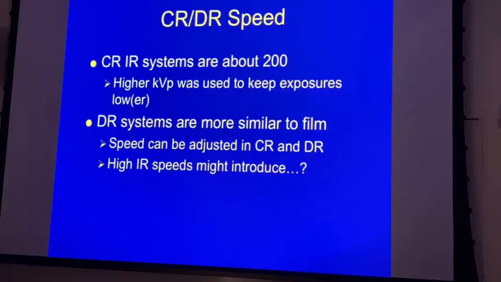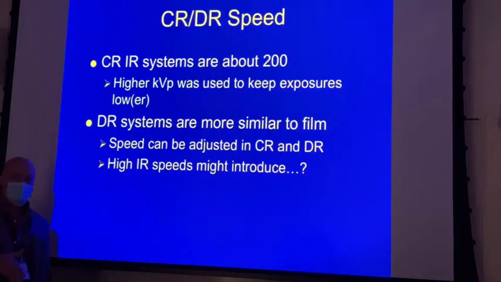Okay, so CR systems: whenever we changed from film to CR systems, we lost some speed. They were equivalent to a 200 speed system, so what we saw was an increase in patient dose. The other selling point of CR systems was, not only were we going to increase efficiency, which never happened, but they said our patient dose was going to decrease.